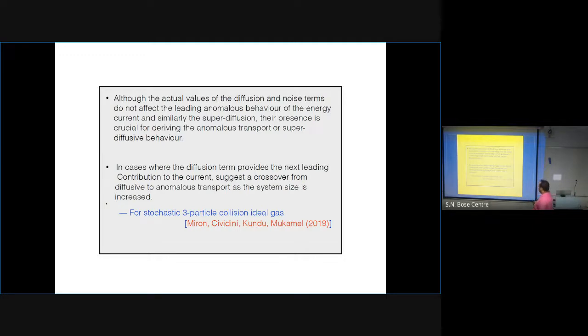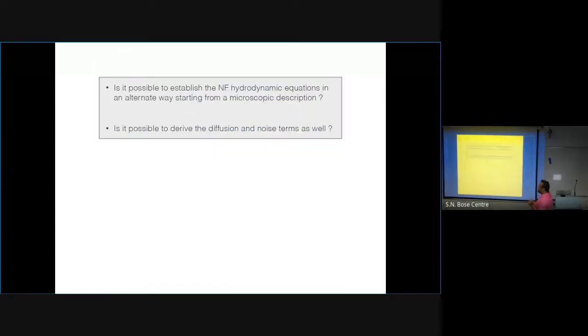Okay, very good. But since they are there, and if you know the values, then you can try to study an anomalous crossover. For example, if those nonlinear terms are not there, then you have diffusive transport. But the nonlinear mode coupling terms contribute at a longer length scale.